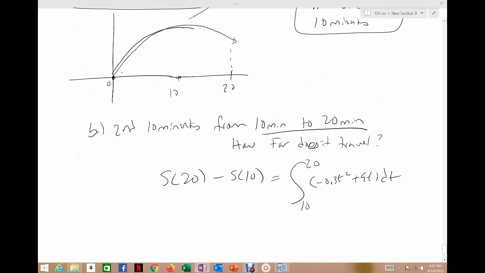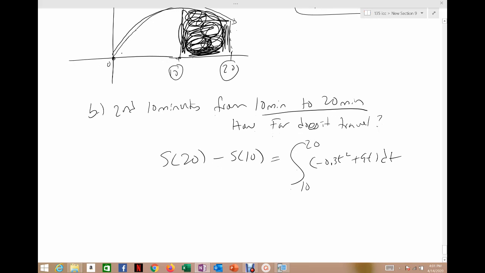This time my lower value is 10 and my upper value is 20, and this is the area I'm finding. That's how far the particle traveled over the second 10 minutes, and it will be a different answer than the first 10 minutes. When I shade that second 10 minutes, it comes out to 650.